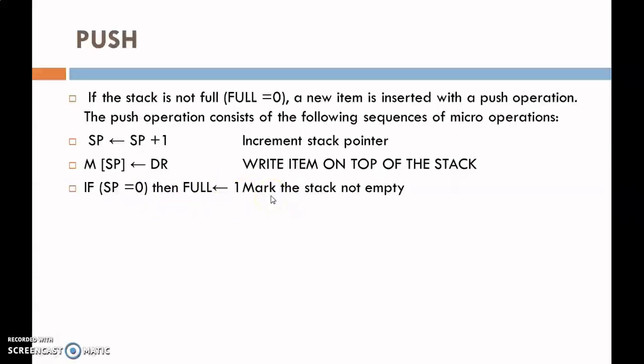That means now the stack is full and no data items can be inserted in the register stack. So set empty equal to 0. So in push operation, check the SP value. If SP equal to 0 after the insert operation, then set the full register to 1 and the empty register to 0.